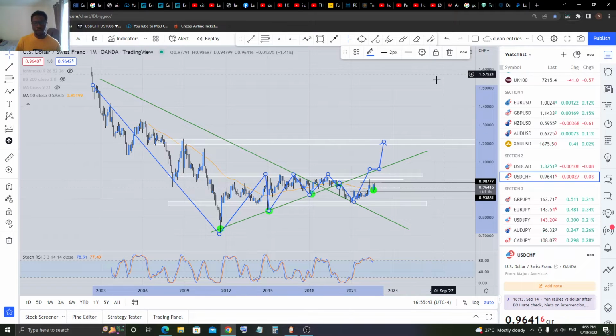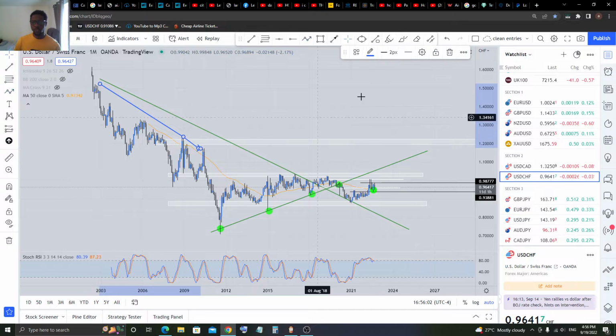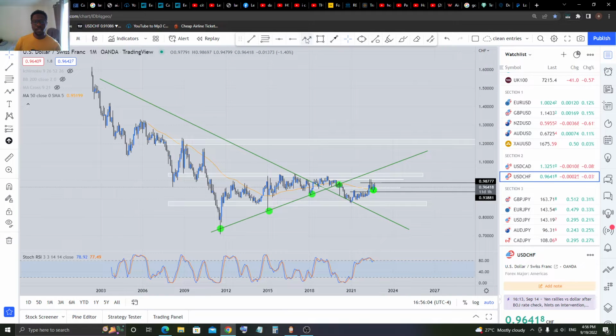But for now, we don't care about this because we are in the monthly. I'm just showing you guys how I'm able to predict thousands of pips on the market. Before we go into the 4-hour time frame, this is another trend line that was holding price down.